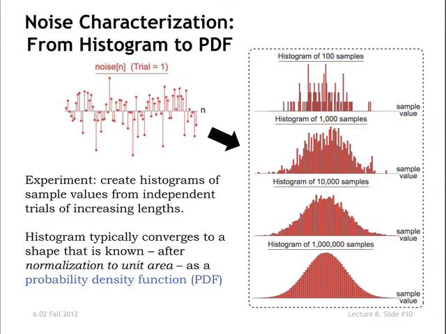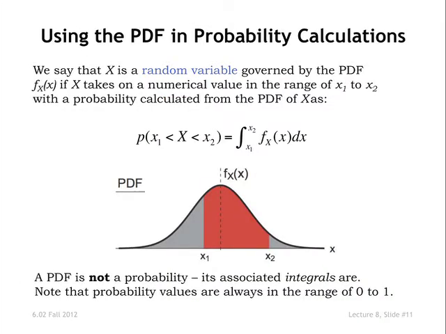Normalizing this to have unit area under it gives you what's called the probability density function for the noise. So this is a term and a notion that's critical in working with noise. So here's a step of idealization. We're stepping back from thinking about histograms to just a mathematical way of talking about how random quantities distribute themselves.